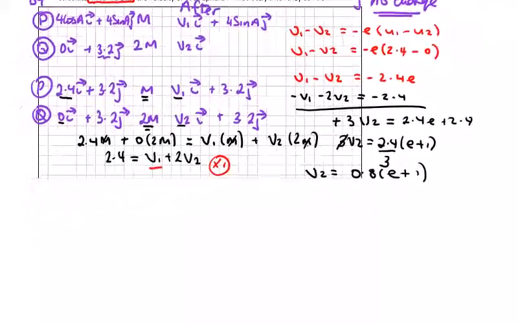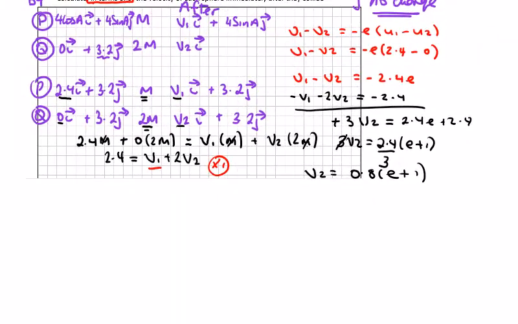Okay, v1. I might just cancel the v2s then and multiply this one by 2. I'll get 2v1 minus 2v2 is equal to minus 4.8e.